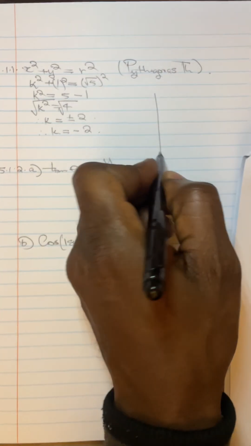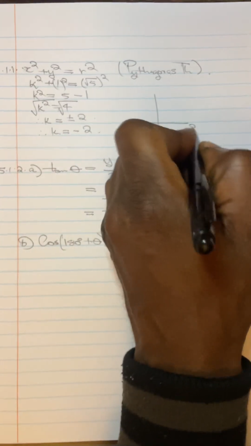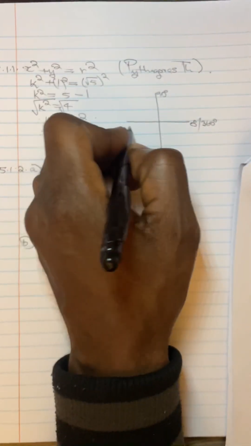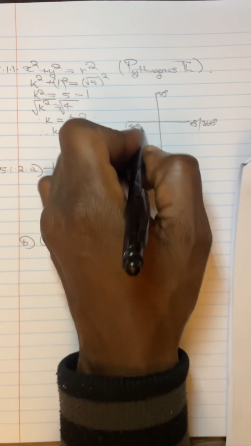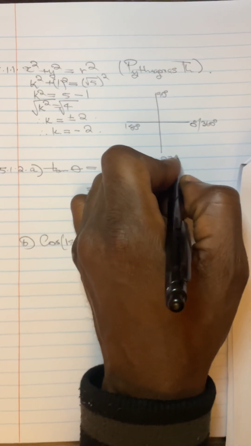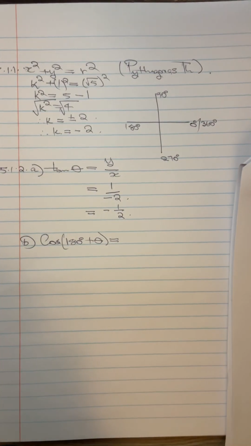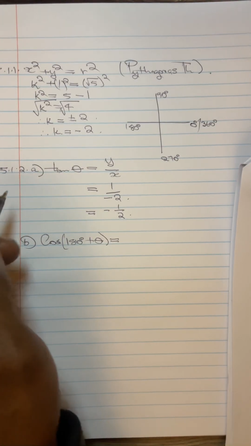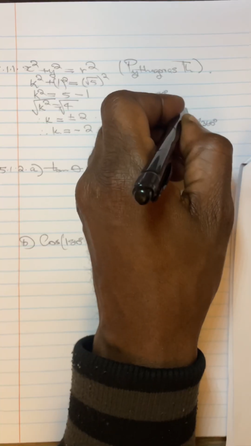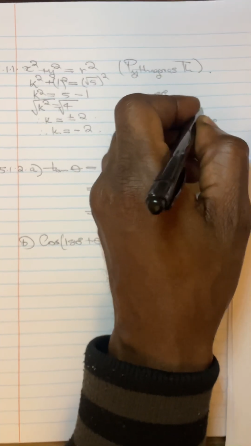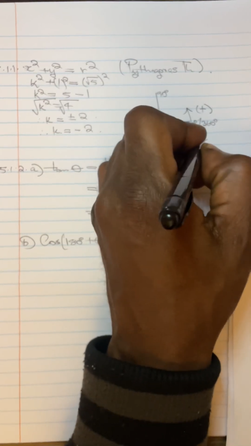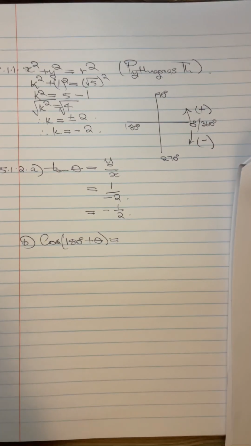You can write your cos diagram, 0 to 360 degrees revolution, 90, 180 and 270. So let's see. We have to reduce this cos 180 plus theta. For plus we move counterclockwise, and for minus we move clockwise.